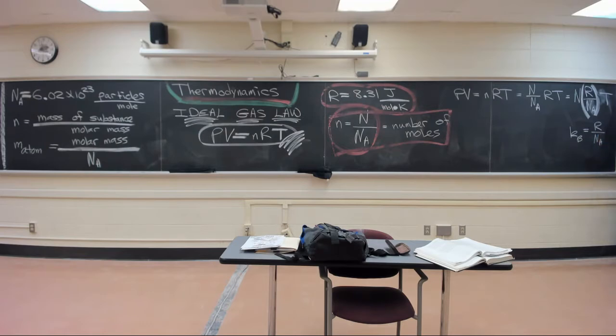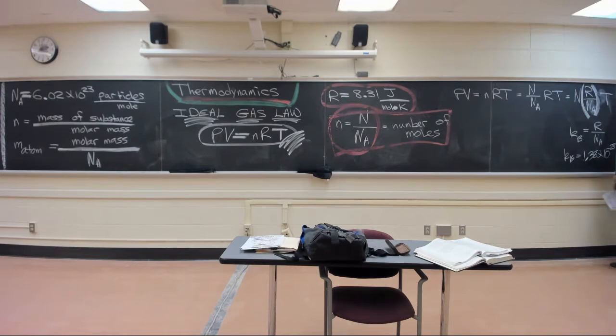Well, this is 8.31, and this is 6.02 times 10 to the 23rd. So when you do the division, it's 1.38 times 10 to the 23rd joules per Kelvin.